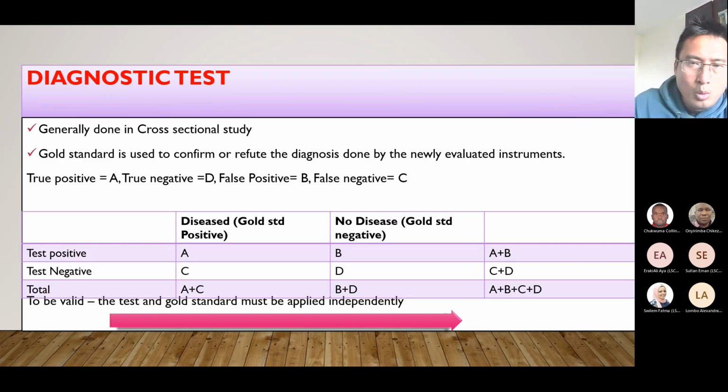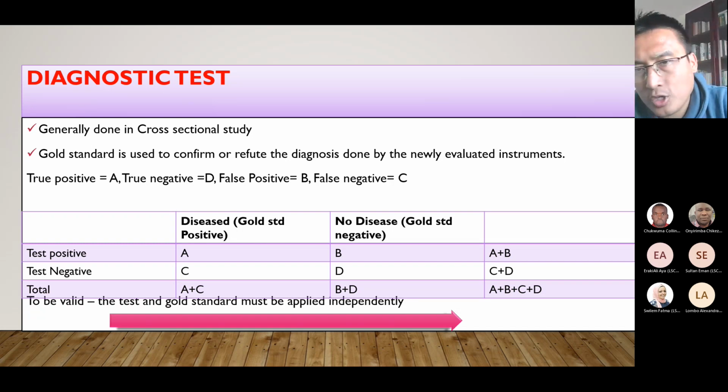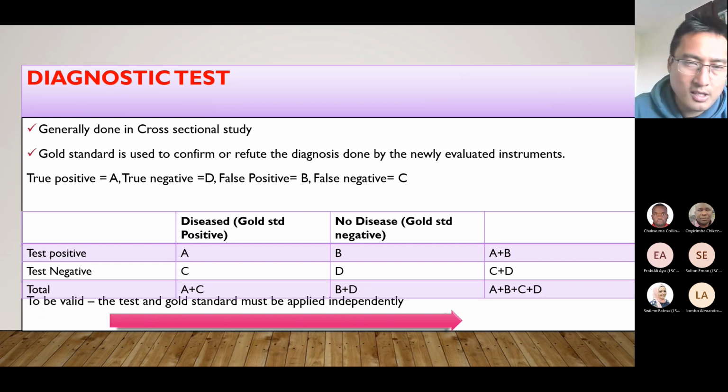So now this is the way we design the 2x2 diagram for cross-sectional study. For the cross-sectional study, what we tend to do is we put the gold standard on the top. For example, the gold standard for depression is the Beck Depression Scale. So you put it on top, and you have created a new rating scale, and you want to see how accurate it is compared to the Beck scale.